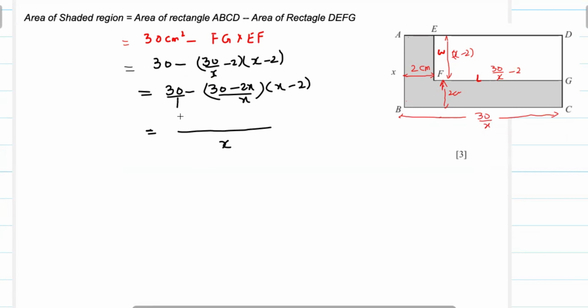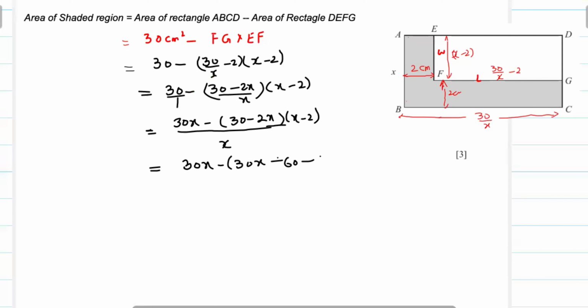Therefore, we can write it as 30x minus 30 minus 2x into x minus 2. And this value we can write 30x minus 30 times 2 is 60.